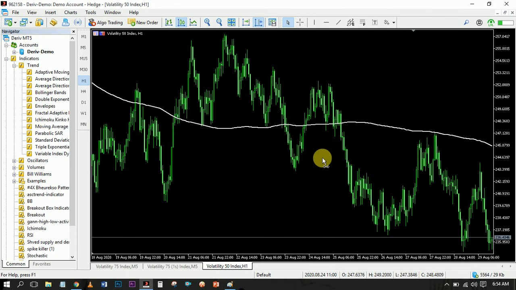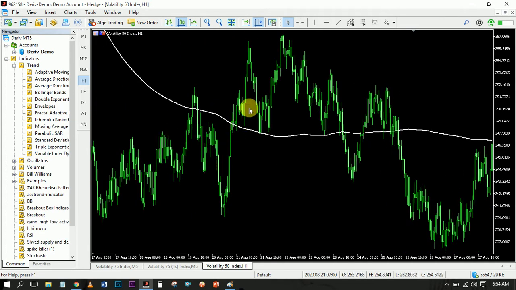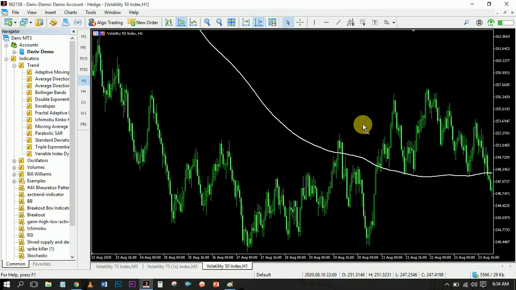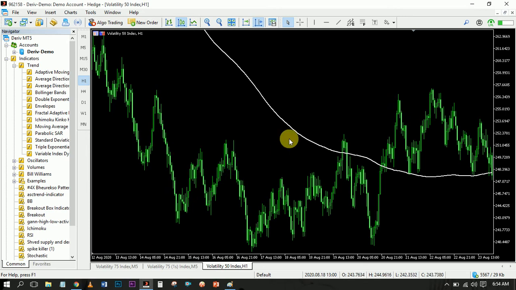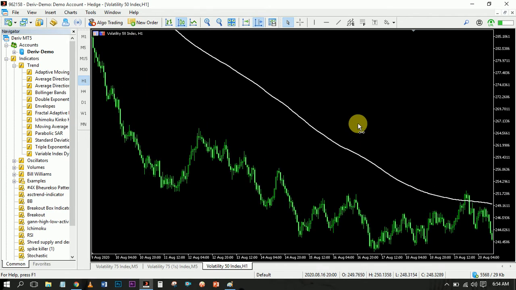Whenever the market is above your 200 moving average, like here, you're only looking for buy positions. Whenever your market is below your 200 moving average, you're only looking for sell positions.